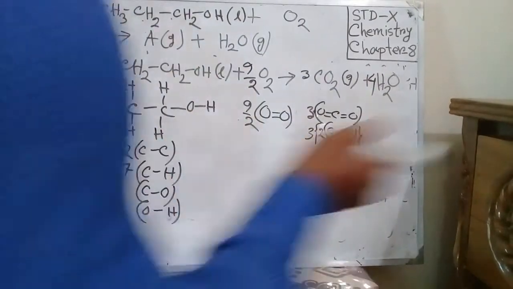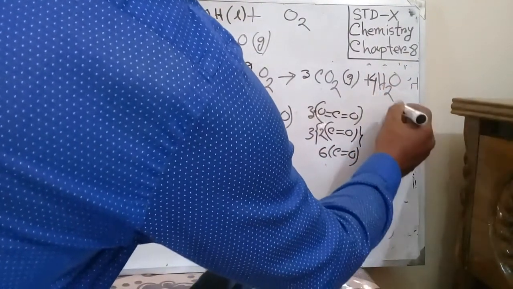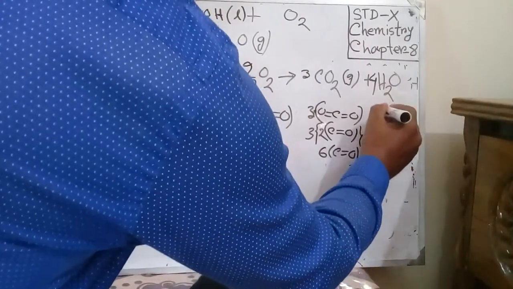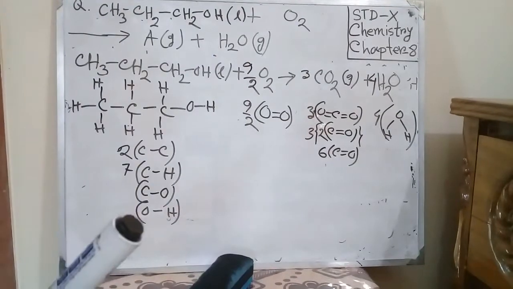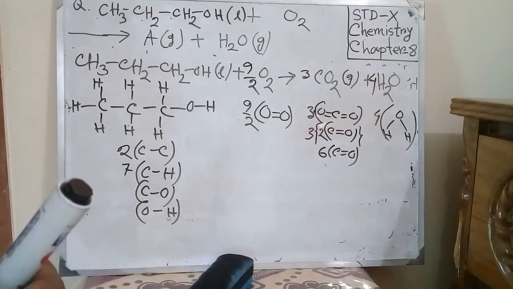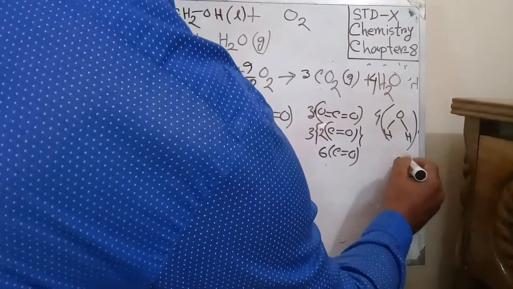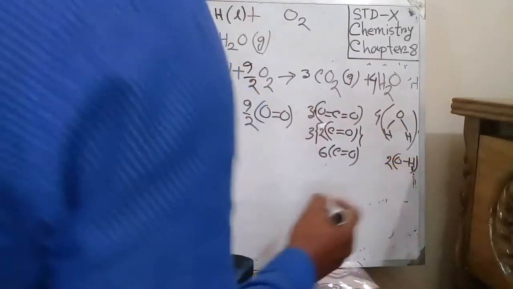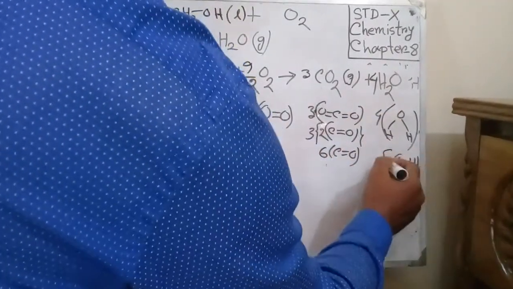And water, what is this here? Four. In one molecule of water there are 2 oxygen-hydrogen bonds. So total oxygen-hydrogen 2 in one molecule, and there are 4.